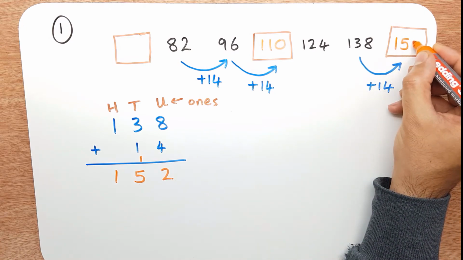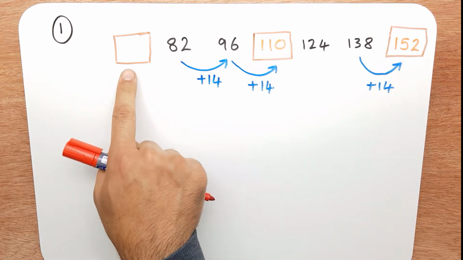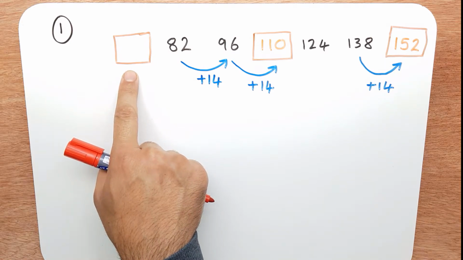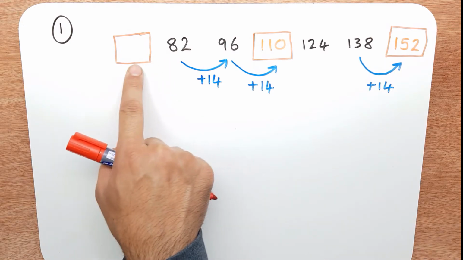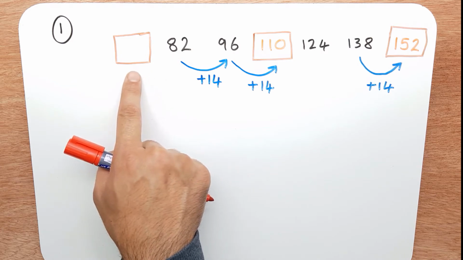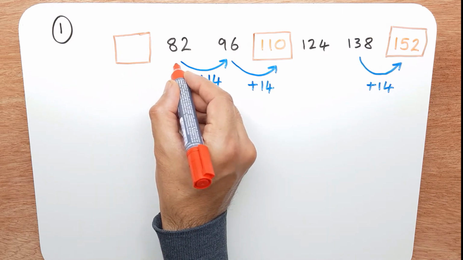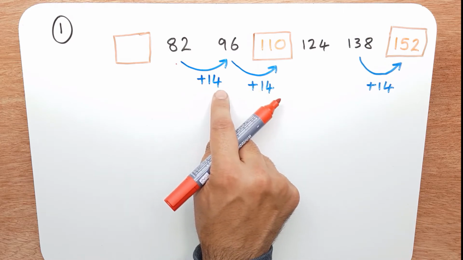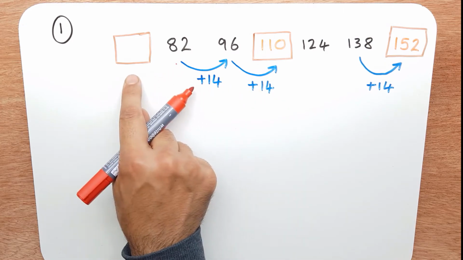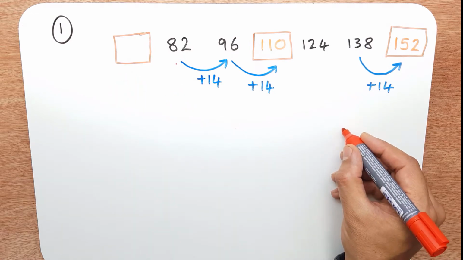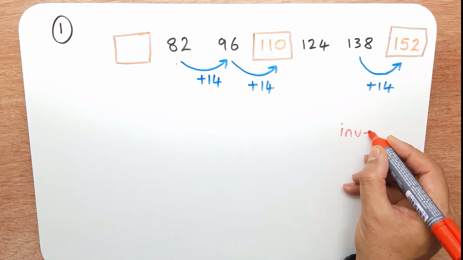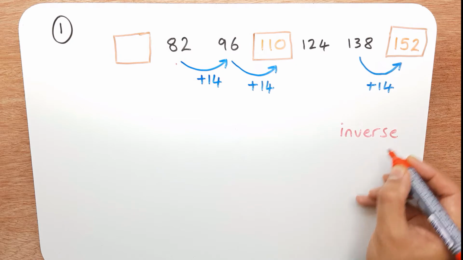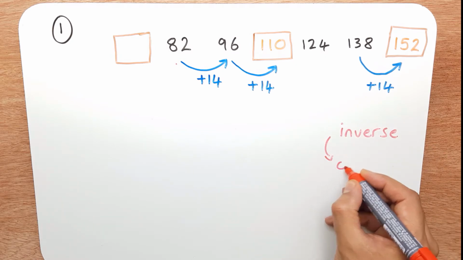Now to find this, we have to be careful because we're going backwards down the line. So if I'm going forwards, I add 14. If I'm going backwards, I do the inverse. Let me write that word down, inverse. Just look at that word as the word opposite.